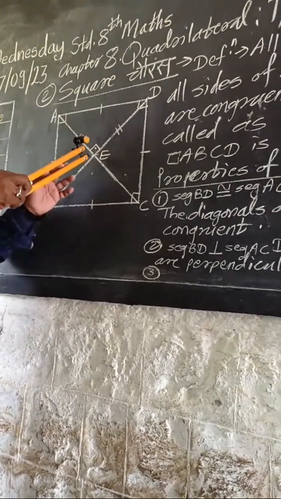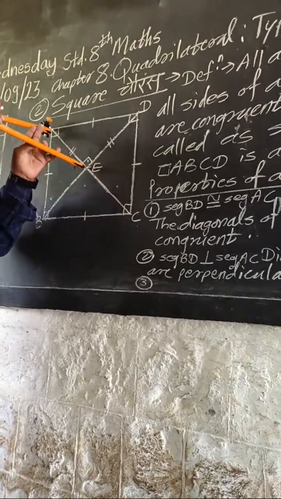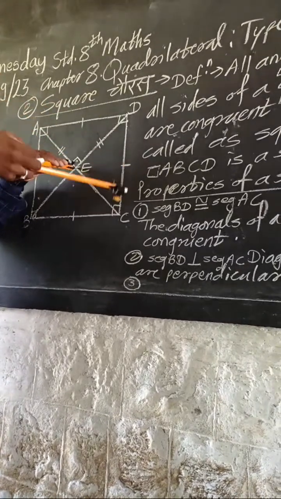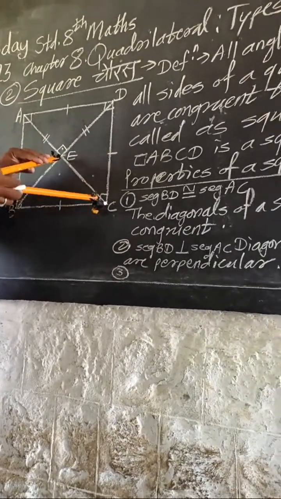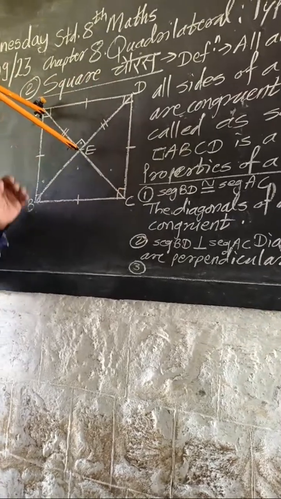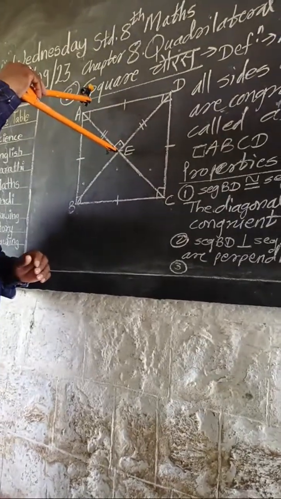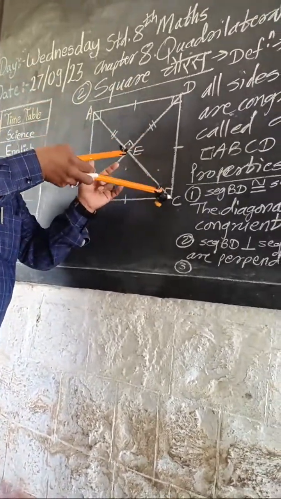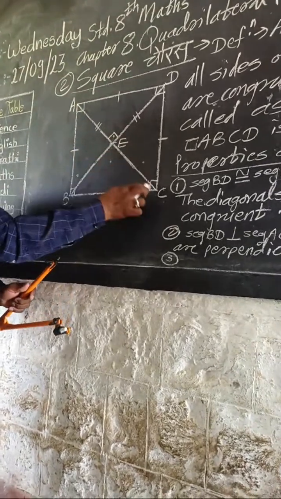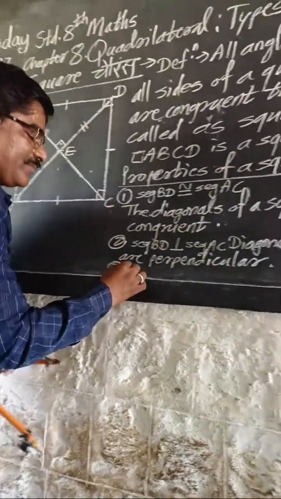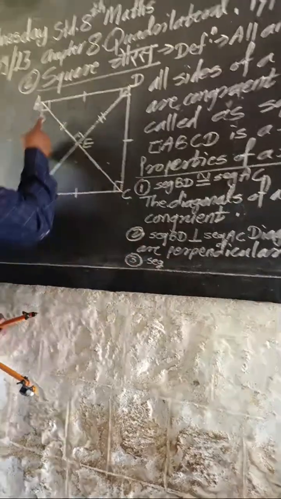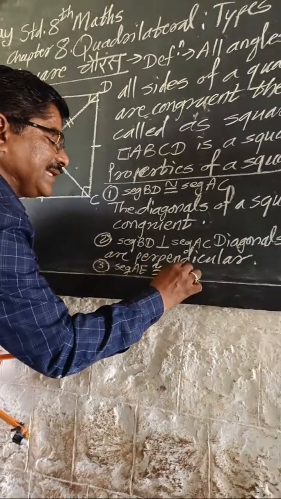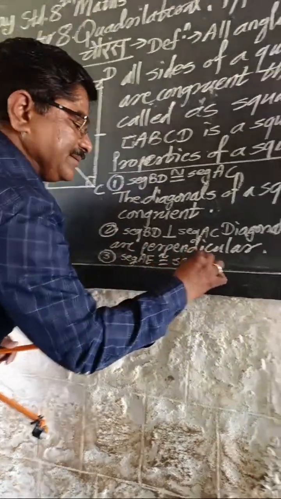Two parts, and their lengths are equal. The distance AE and the distance EC are equal, correct? Segment AE is congruent to segment EC.